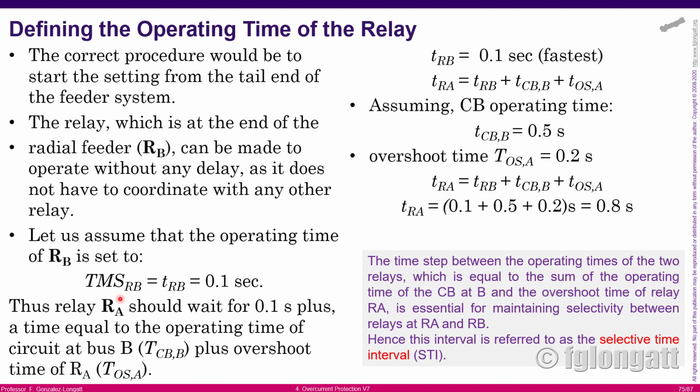The time that relay A must wait is the operating time of relay B, plus the time of the operation of the circuit breaker. In this case, we are assuming that circuit breaker B uses 0.2 seconds to clear the fault.